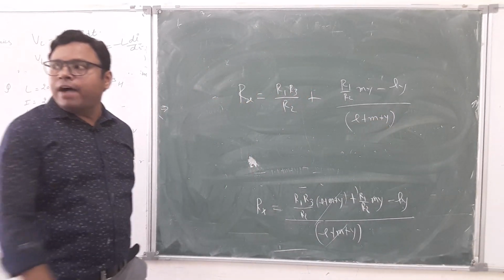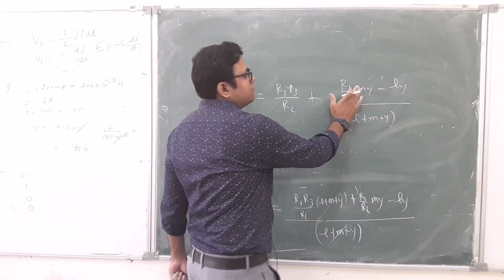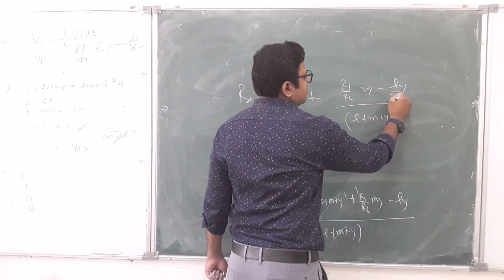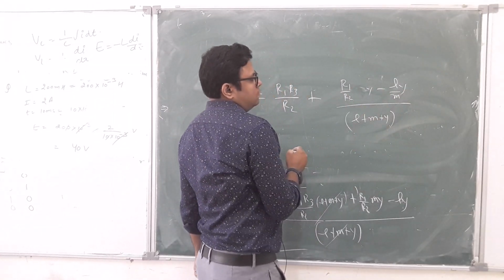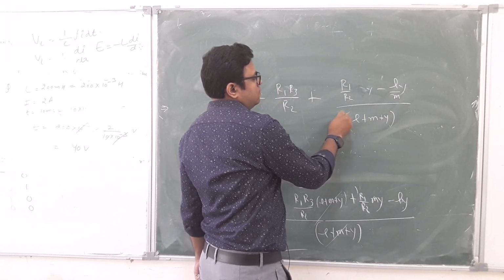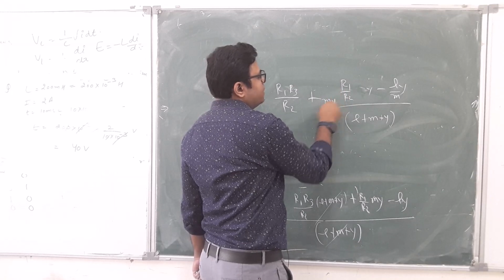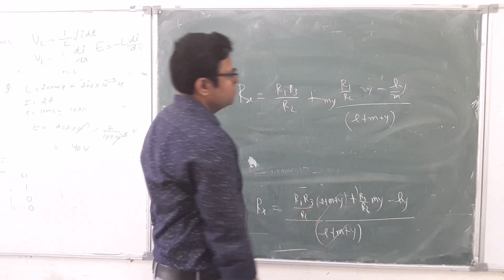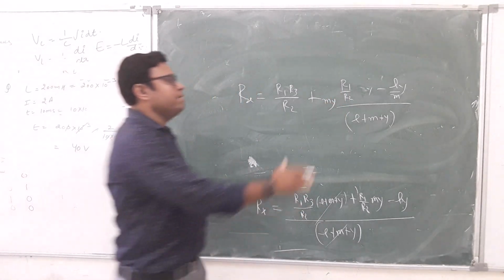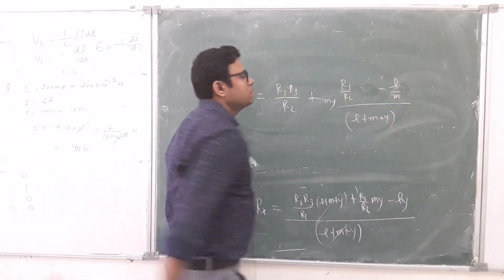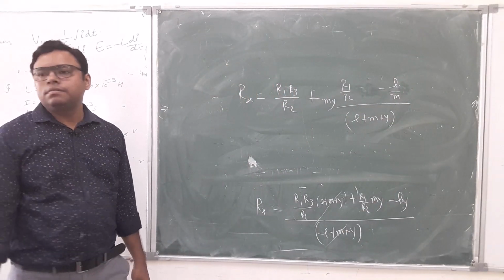So if I multiply by M and divide by M, I will get My here. Take out the My and you will get this.